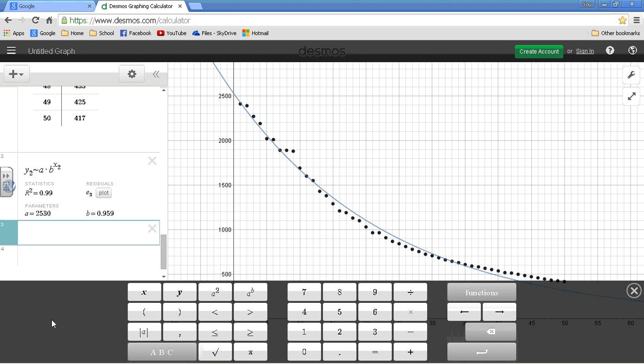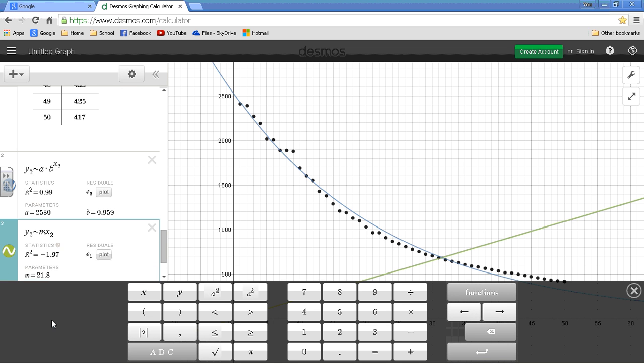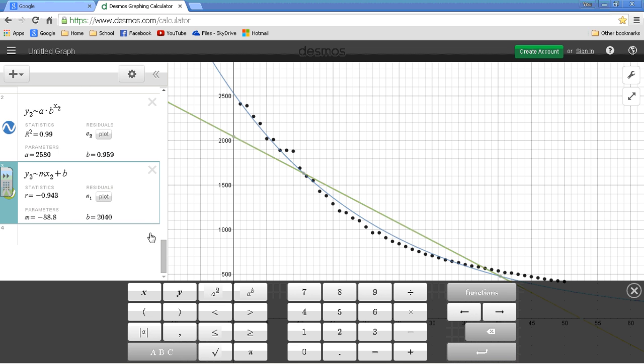Maybe I try a linear model. y2 tilde, and then I'm going to write m x2 plus b. Well, there's a linear model. Maybe the linear model is just as good. How do I tell? Well, one thing about this is this R value called the correlation coefficient, not real important for us, but important for the data management people.